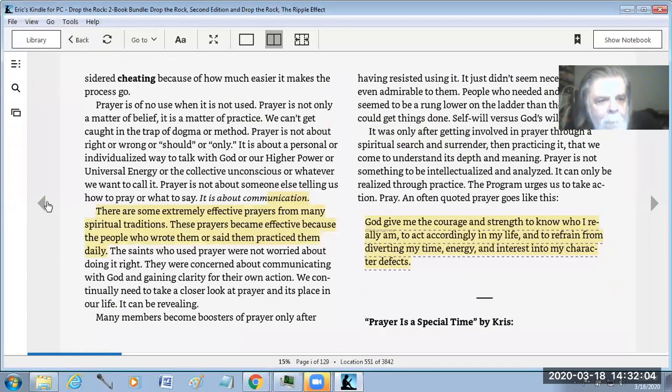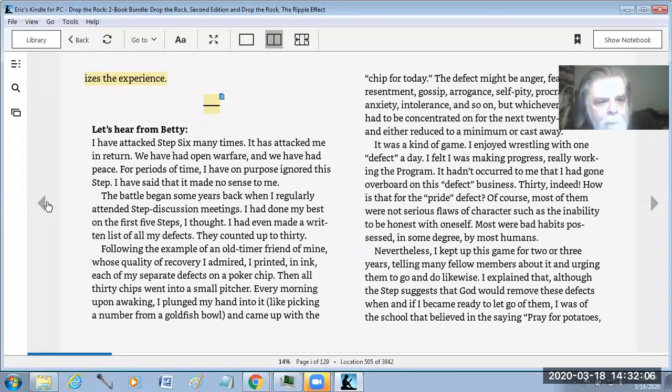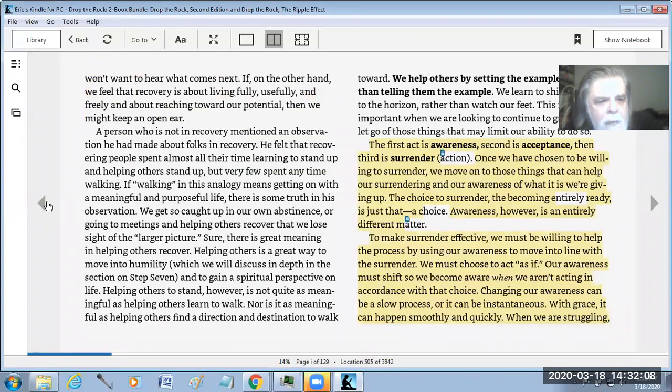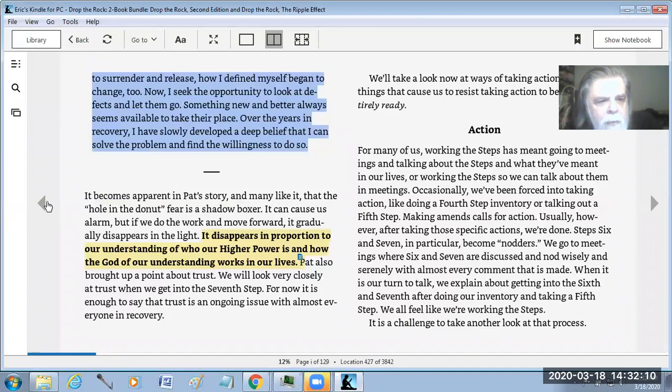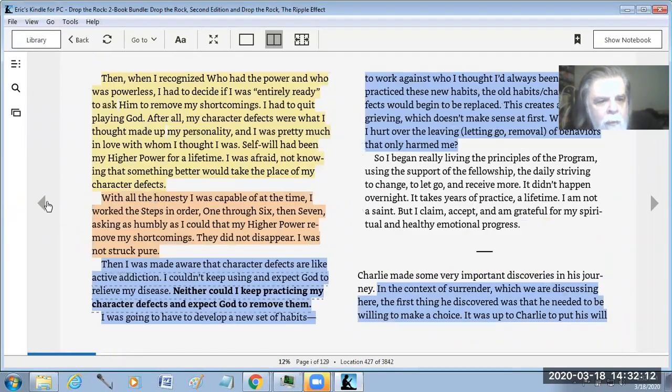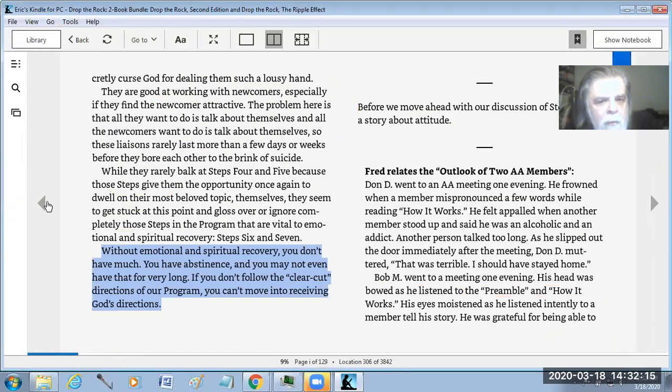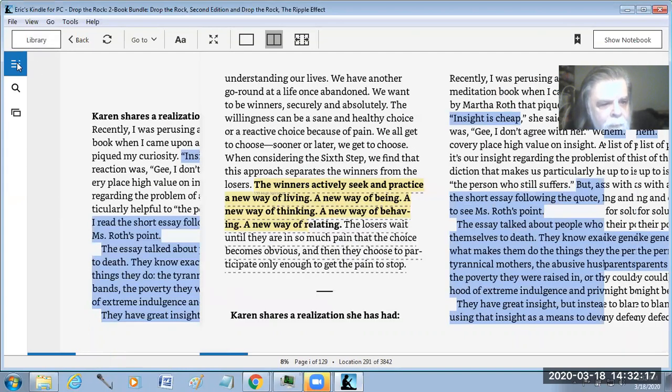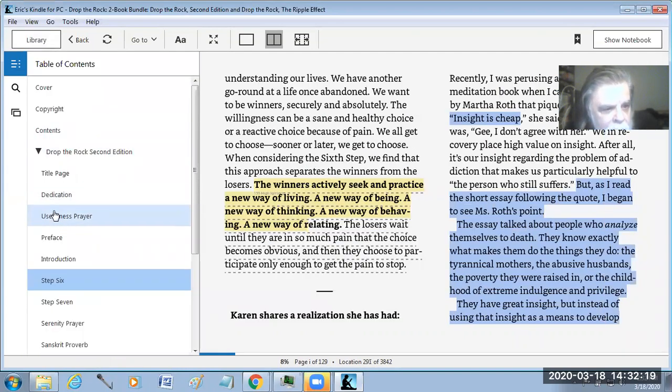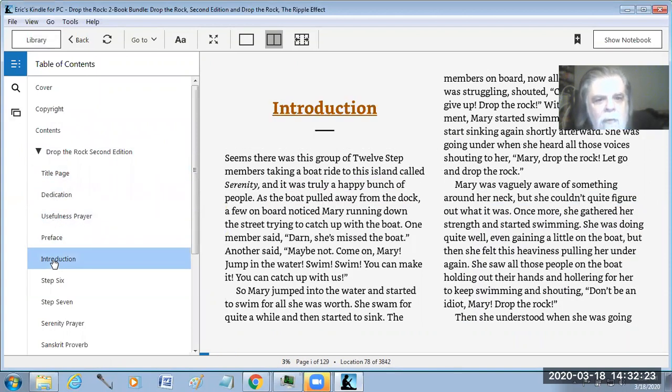I did, yes. So let's see, I got to backtrack here. It went to where I was recently. Probably it's easier to find the introduction this way. Here we are.